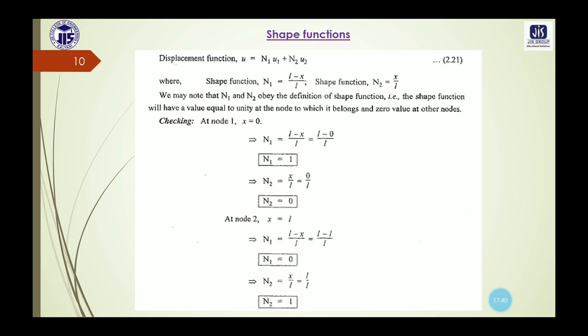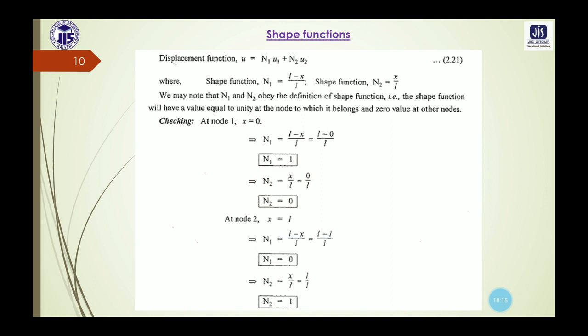Now N1 and N2 obey the definition of the shape function, that is, the shape function will have a value equal to unity at the node to which it belongs and zero value at the other nodes. If we check this characteristic, at node 1, x equals 0, so N1 equals 1, and N2 equals 0.